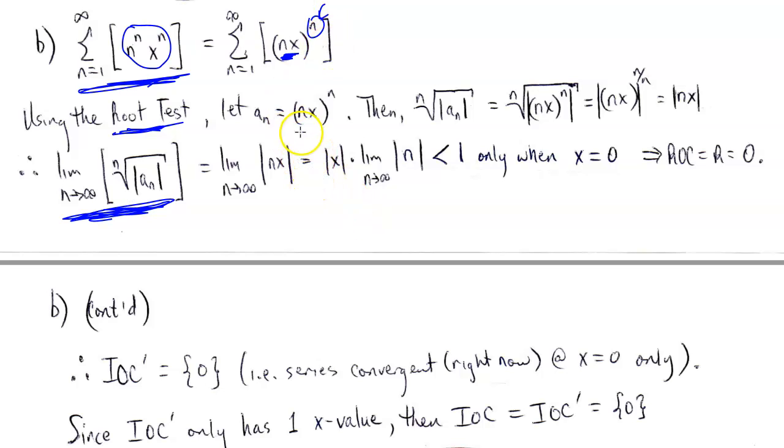So we've done some rewriting here. We realize that a sub n is just n times x, all that raised to the n. So therefore, if we do the absolute value of that, we're just going to end up having absolute value of n x. And so again here, if we evaluate this limit, remember that x looks like a constant to the limit. So that's why that goes on the outside here.